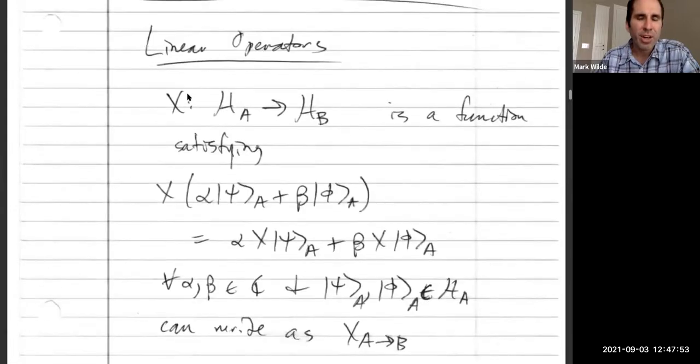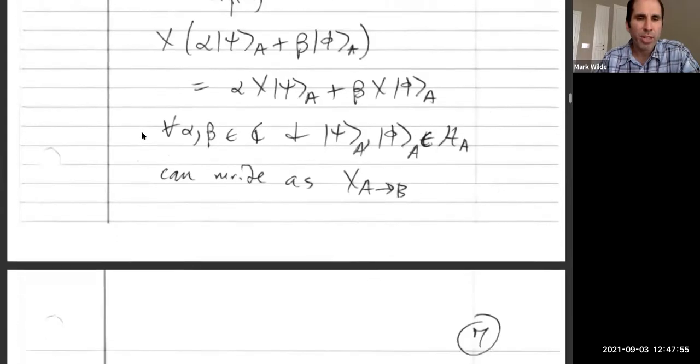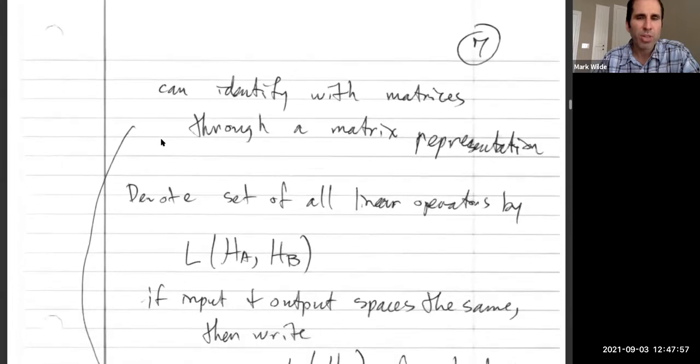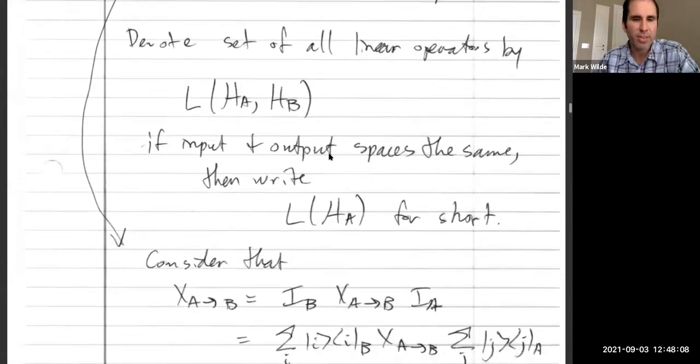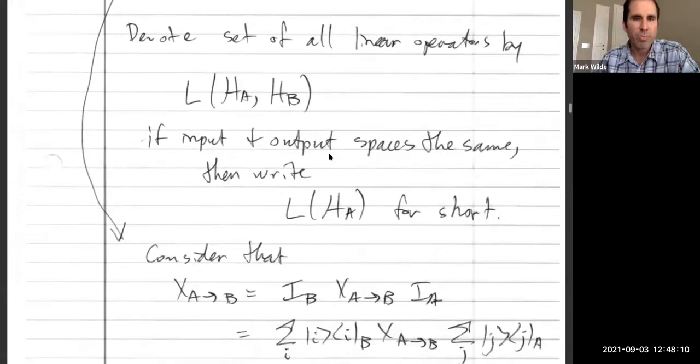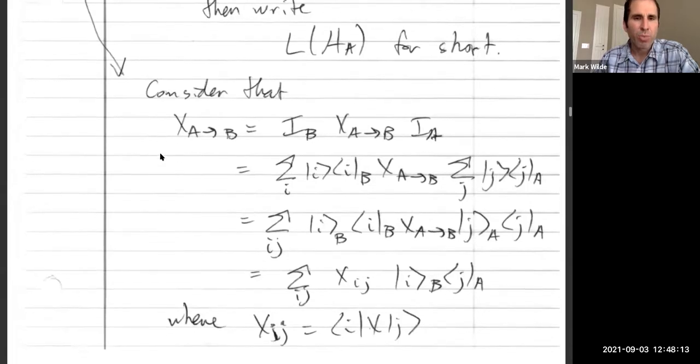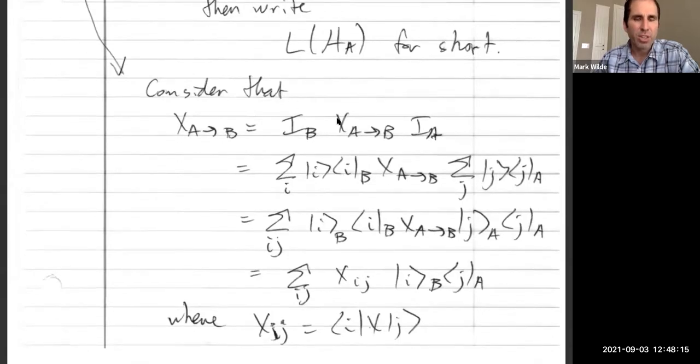We define linear operators in kind of an abstract way. There's a more concrete way to do so, and you can identify operators with matrices, two-dimensional matrices, through a matrix representation. Okay, so for a matrix representation, what we can do is pre-multiply X by the identity operator and post-multiply by the identity operator as well.